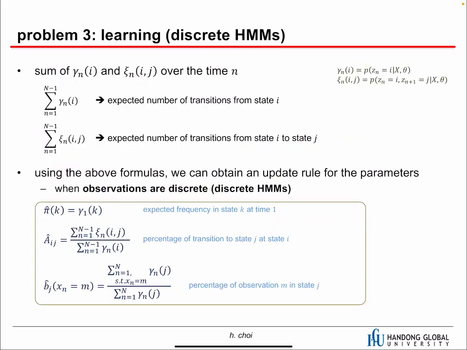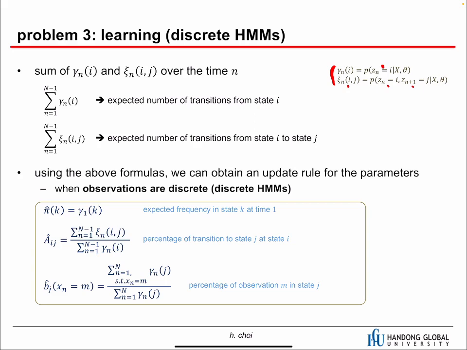To derive the update rules, we can check some equations first. So we're going to take the sum of gamma and psi over the time n. First of all, we have equations for gamma and psi here. So gamma is the probability of the current state given observations, and psi is the current state and the next state given the observations.